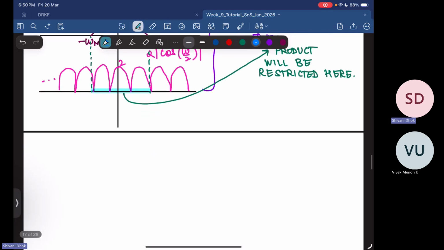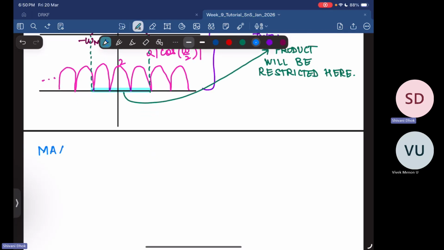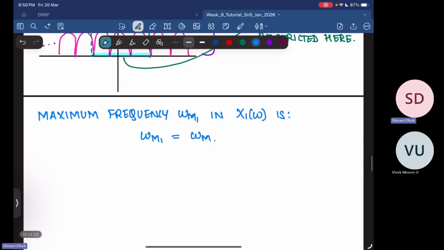So what do we see? The maximum frequency, which is omega m1 in x1 of omega, is omega m1 equal to omega m.